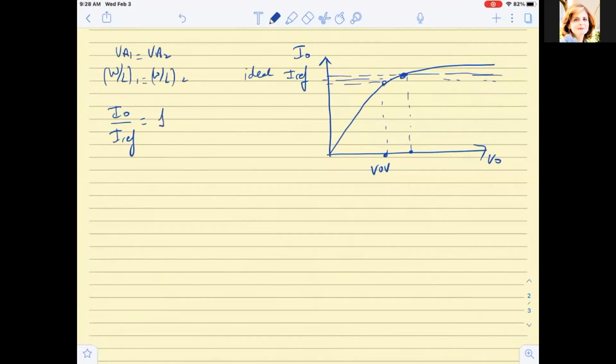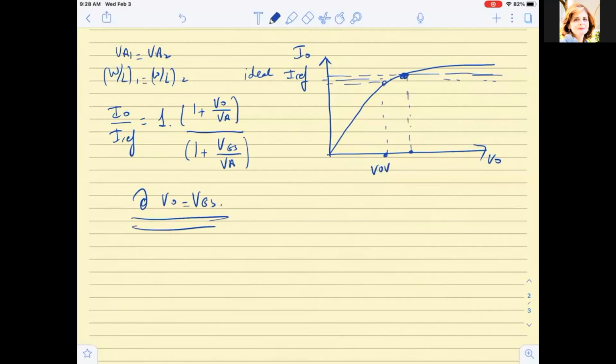So the ratio is really 1 times 1 plus VO over VA over 1 plus VGS over VA. At what value of VO do I get IO perfectly equal to the 100 microamps? VGS. Exactly, VO equal VGS. So at VO equal VGS, I will get the exact matching to the ideal.